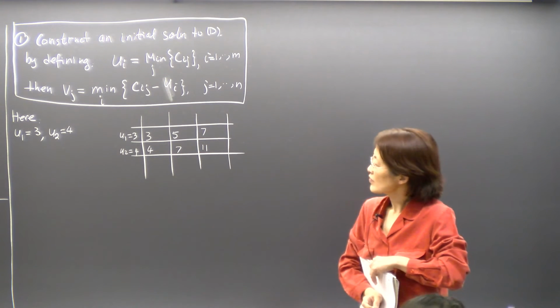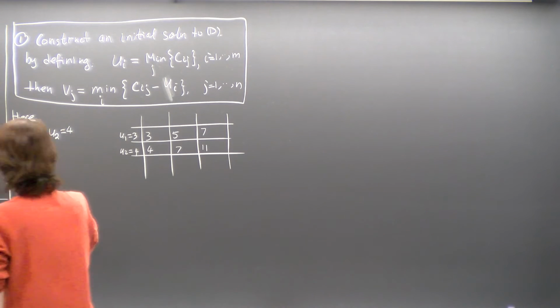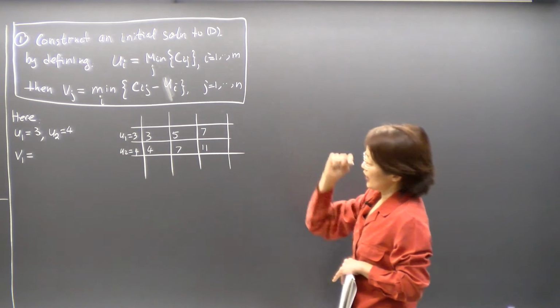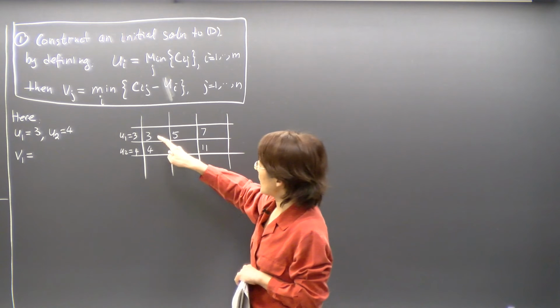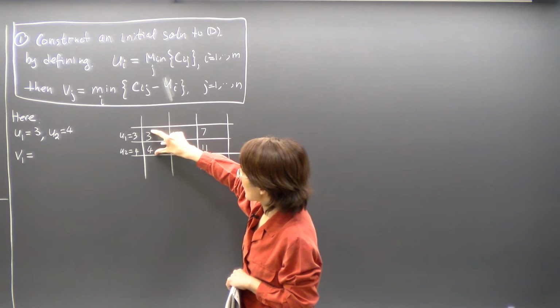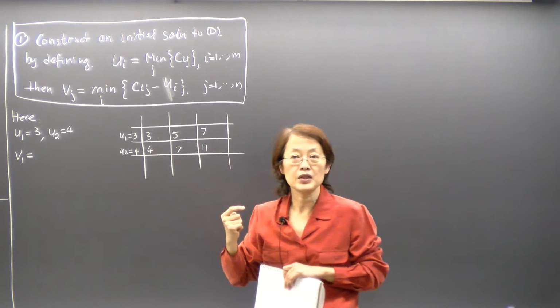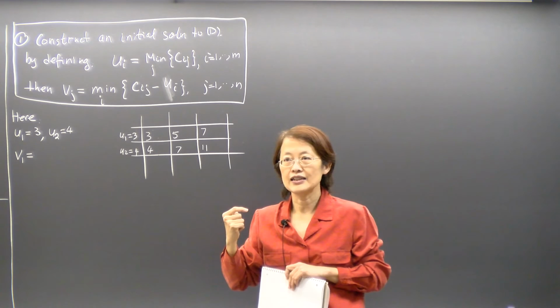And then how do we compute the v? So v1, according to the algorithm, it says you should take the c and subtract the u. So take this column minus that column and look at the remaining and take the minimum. Is that clear?